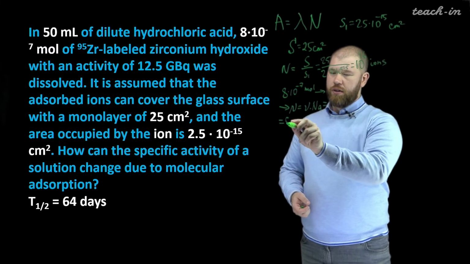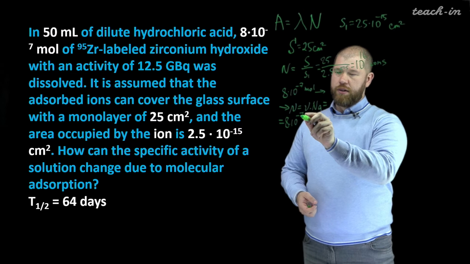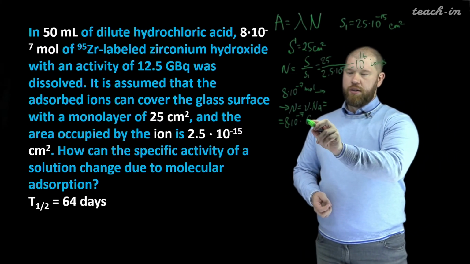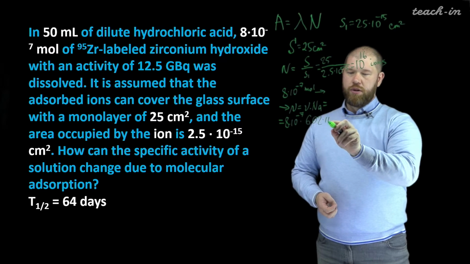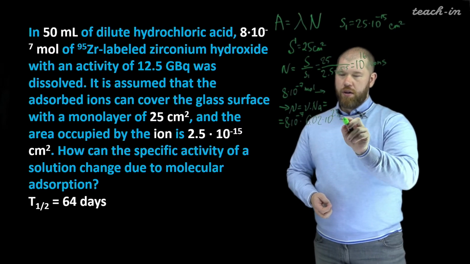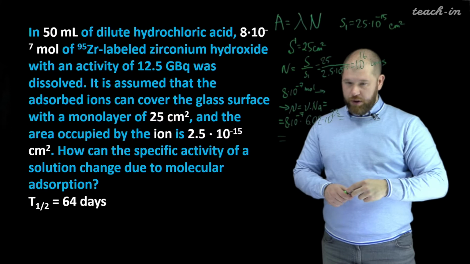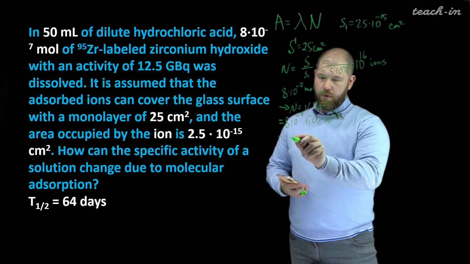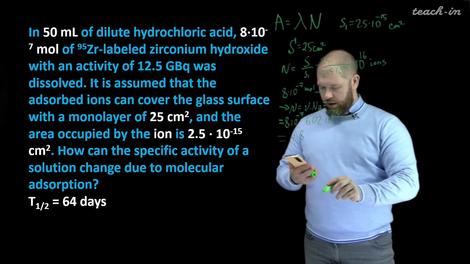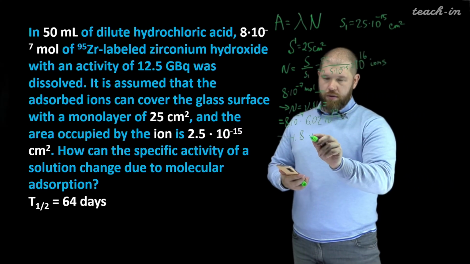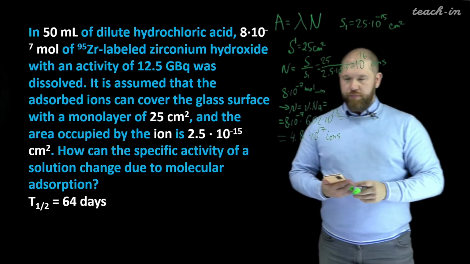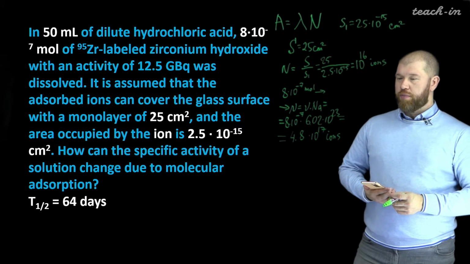So it is our 8 × 10^-7 moles multiplied by 6.02 × 10^23. It will be equal to 4.8 × 10^17 ions in solution.